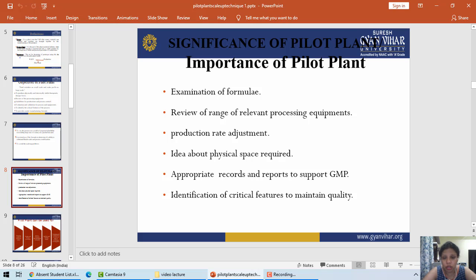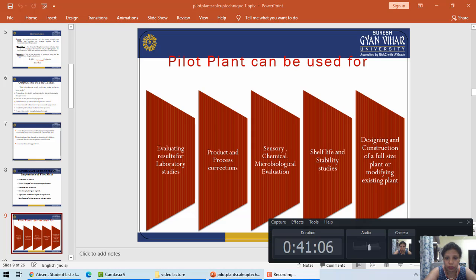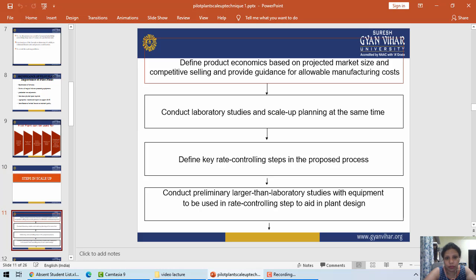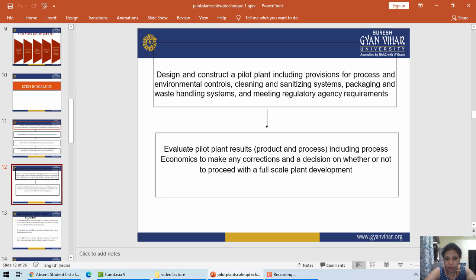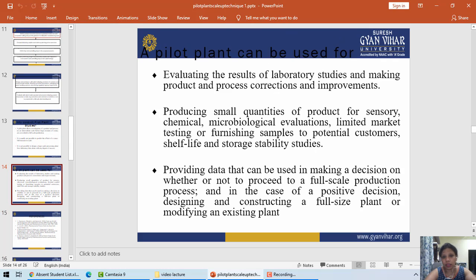GMP consideration also we have discussed. We have discussed the uses of pilot plant. We have discussed the steps in scale up, 4 steps. Designing, evaluation of pilot plant result. We have discussed why we should conduct the pilot plant study.